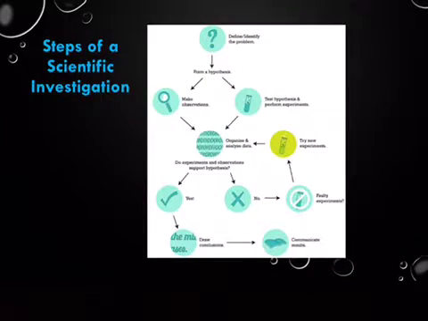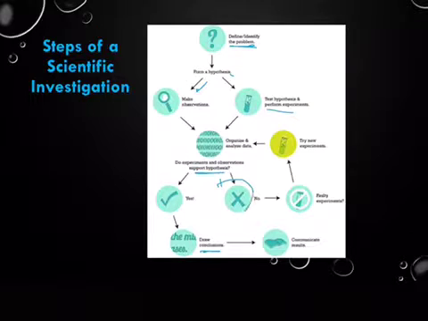So when we look at these steps of the scientific investigation, it shows us starting with a problem or having a question, and then you form your hypothesis. You could either make some observations, test your hypothesis, and form experiments. Then you take your data, you organize it, you analyze it, and then you figure out if your hypothesis was supported, yes or no. If lucky you, it worked out, you get to draw your conclusions and then communicate your results.